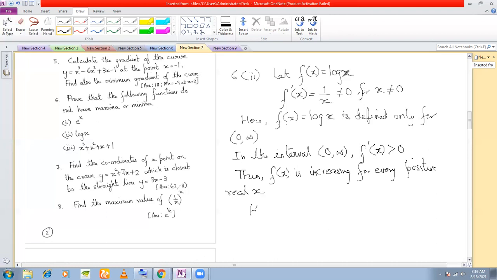Hence, it has no maxima or minima. Okay. Moving on to the next one, if this is clear.